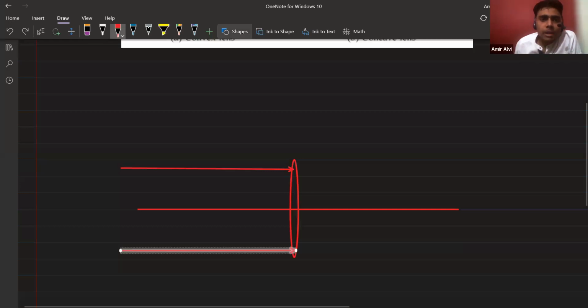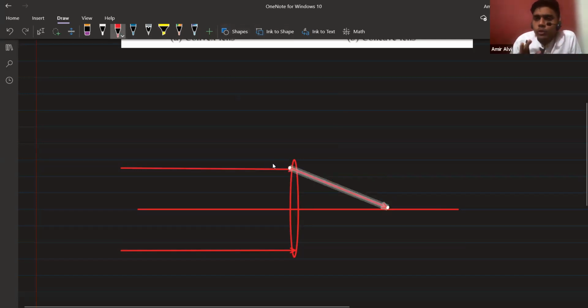Is everybody getting my point? I don't want any flattering answer. I want an honest answer. I've told you there would be a refraction because it's a refracting surface. Glass is another medium, yes or no? So there would be a refraction, a change of path by the light.